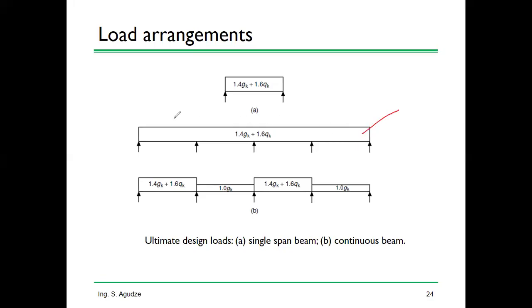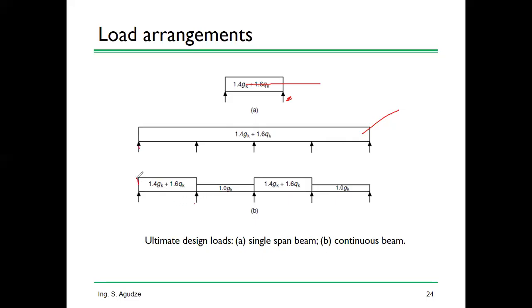Okay? So we try to alternate and see, if all the load is here, what happens? If it is just one span, you have to put all the load. But here you see multiple spans. These are supports, with multiple spans. We put the full 1.4 GK, 1.6 QK. And this one, we are trying to simulate the loading.